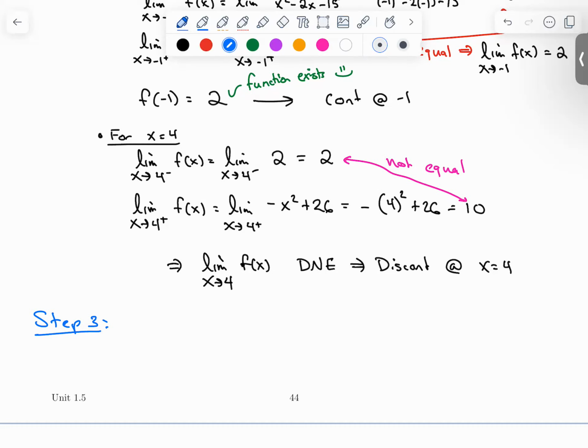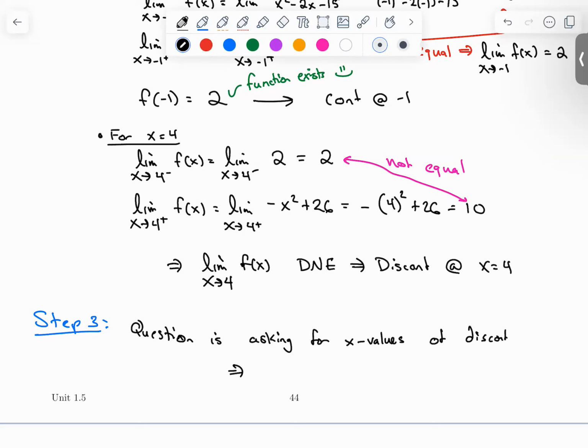Clear? The question this time, be careful. The question here was saying find all x values of discontinuity for which the function is discontinuous. So we don't need to write an interval. The question's asking for x values of discontinuity.